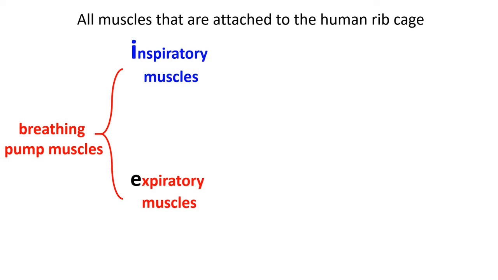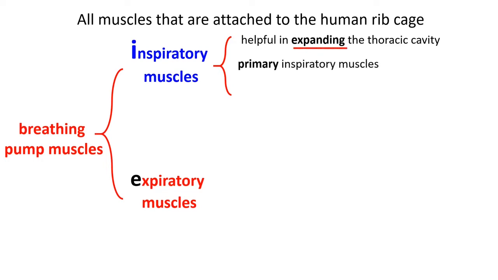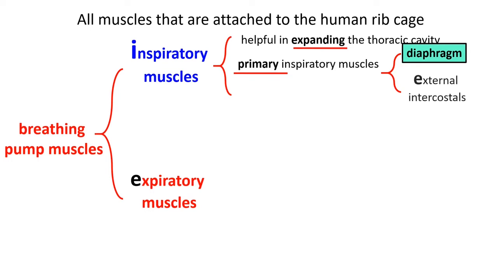The inspiratory muscles help expand the thoracic cavity to help take the breath, and there are primary inspiratory muscles. The main one, of course, is the diaphragm, plus, as a team, the external intercostal muscles.